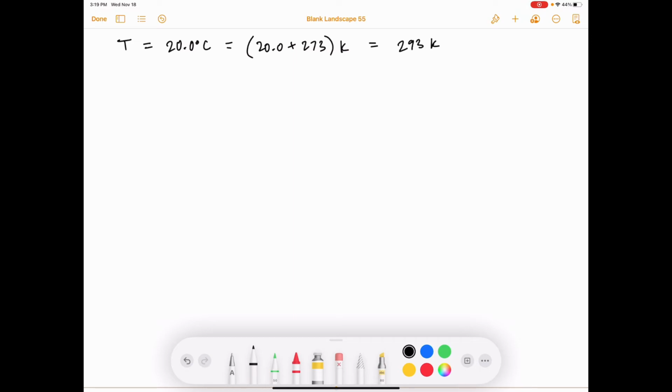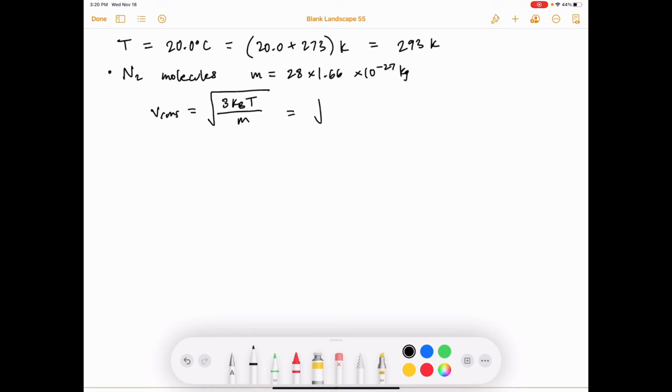Okay, so let's first take a look at the N2 molecules. All right, the mass of those molecules would be 28 times 1.66 times 10 to the minus 27 kilograms. And so the RMS speed of those molecules would be the square root of 3 times k_B times T divided by m.